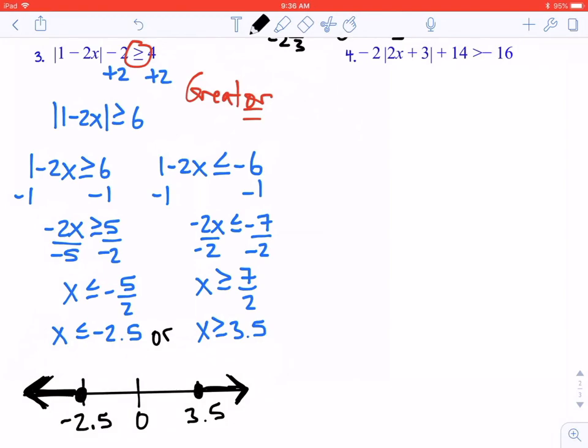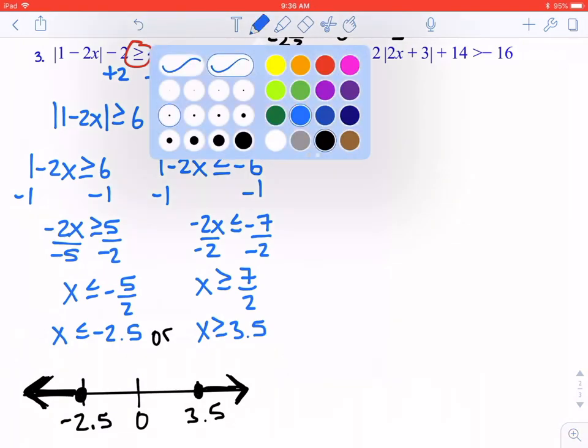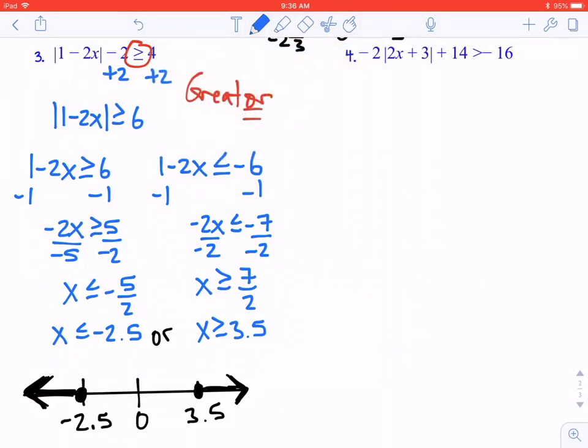Okay, so in the last example, we got a lot of stuff around our absolute value symbols we need to move. So let's subtract 14 first. And leave that -2 for a minute. So -2 times the absolute value of 2x plus 3 is greater than -30.